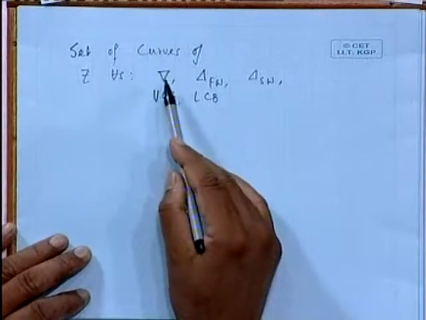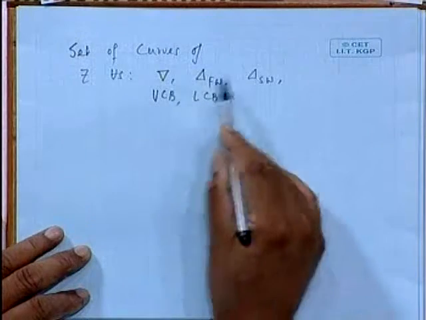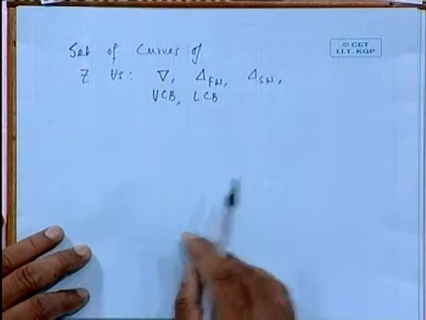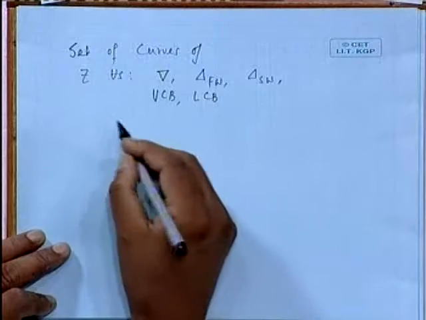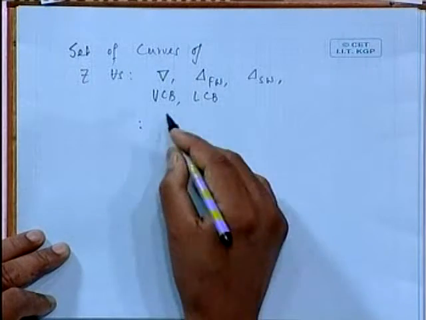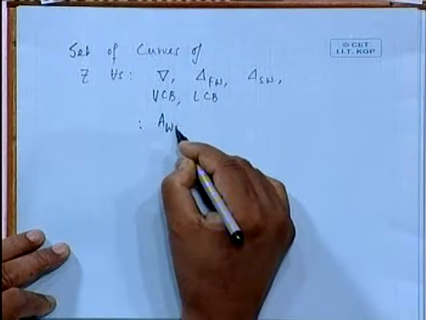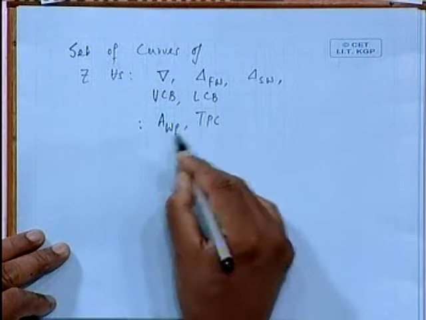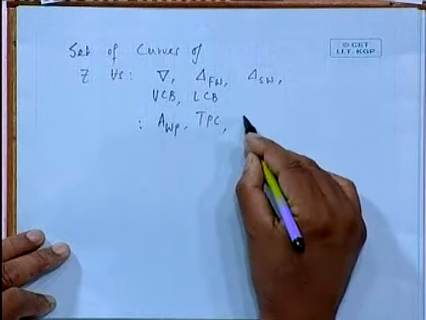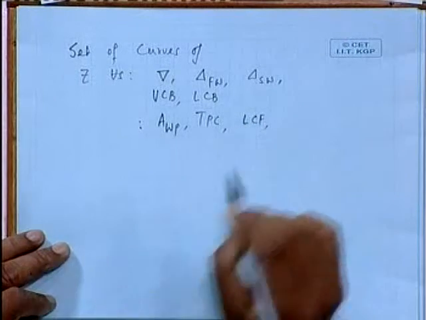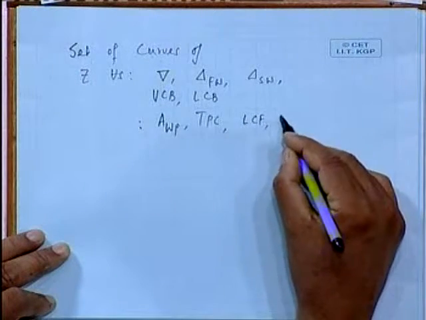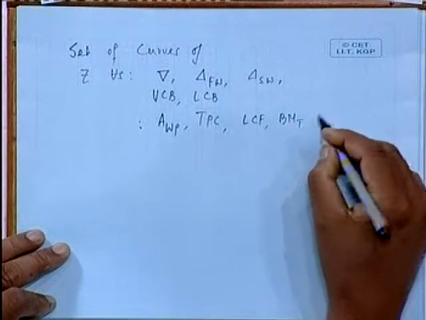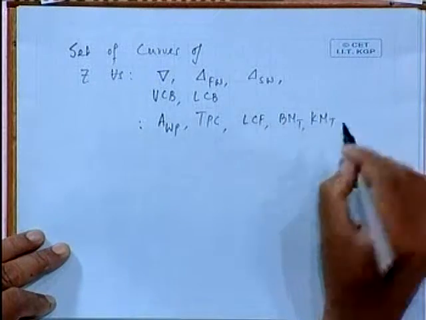This takes care of volume and its centroid. Then AWP and TPC, these two are connected to AWP. Then LCF, then BMT and KMT.